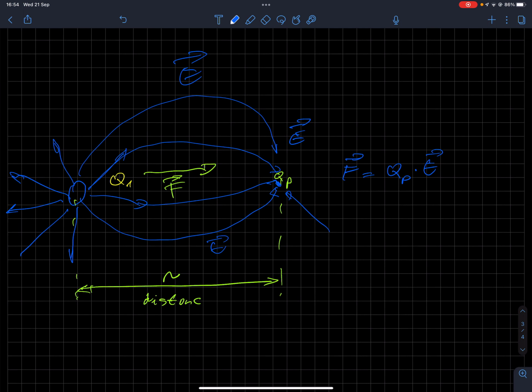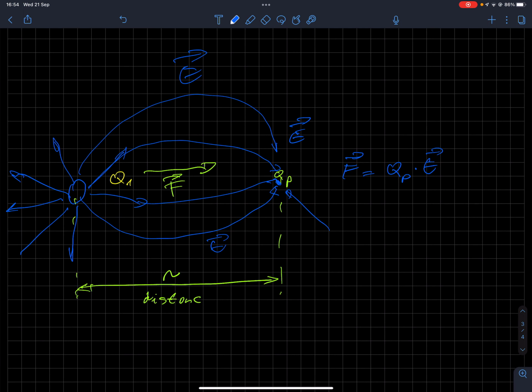But what is the formula for Coulomb's law? Let's see. The formula for Coulomb's law is, we have the constant k, we have Q1 charge here and some test charge QP, divided by r squared, the distance between the charges, right?